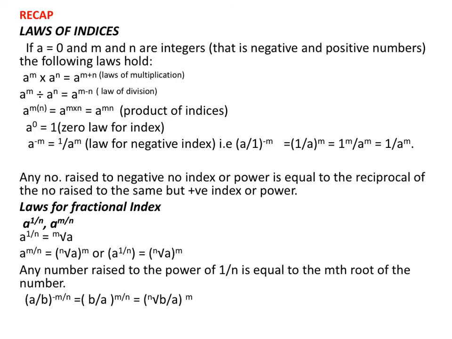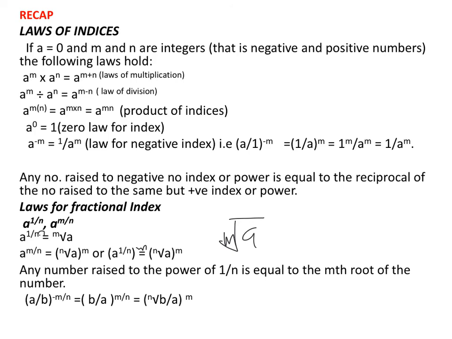Laws for fractional index. a raised to power 1 over m is equal to the mth root of a. a raised to power m over n is equal to nth root of a bracket raised to power m, or a raised to power 1 over n bracket m, which is equal to nth root of a bracket raised to power m.